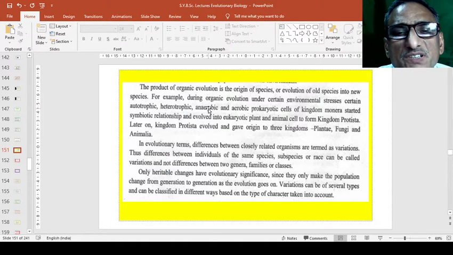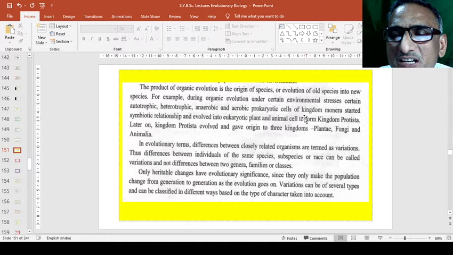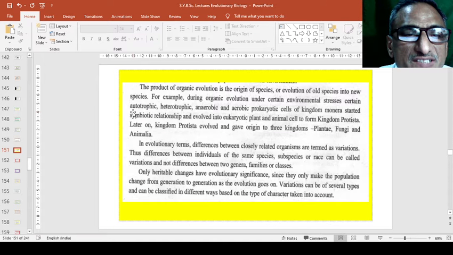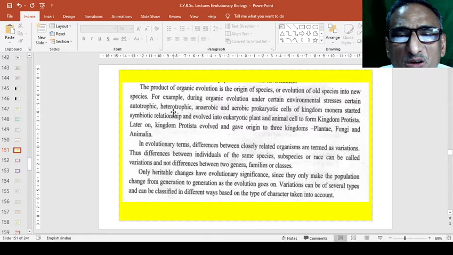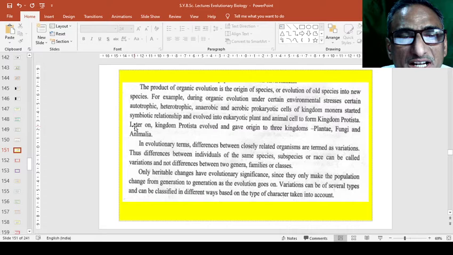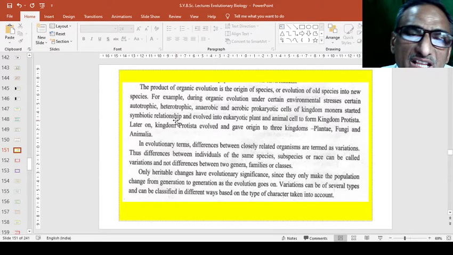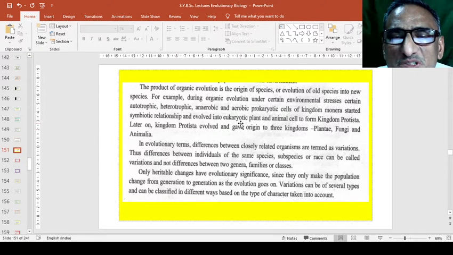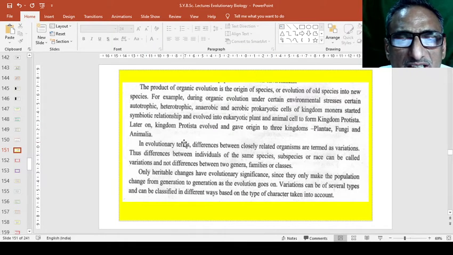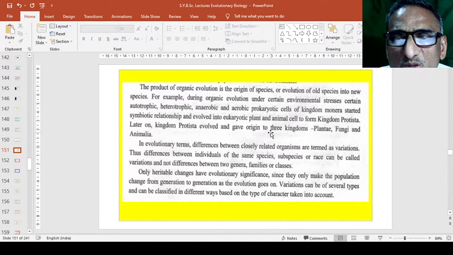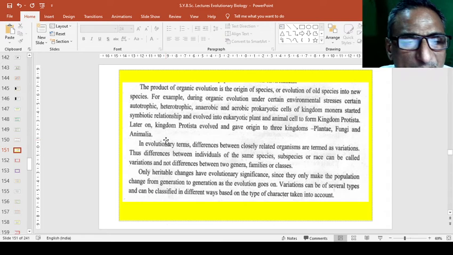For example, during organic evolution under certain environmental stresses, certain autotrophic, heterotrophic, anaerobic, and aerobic prokaryotic cells of kingdom Monera started a symbiotic relationship and evolved into eukaryotic plant and animal cells to form kingdom Protista. Later on, kingdom Protista evolved and gave origin to three kingdoms: Plantae, Fungi, and Animalia.